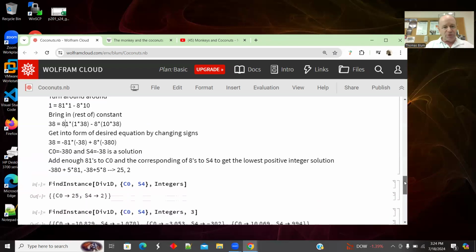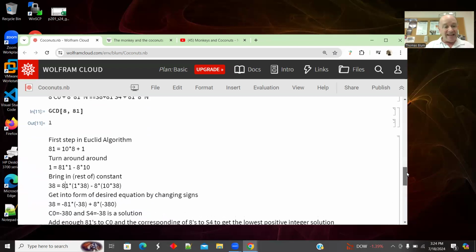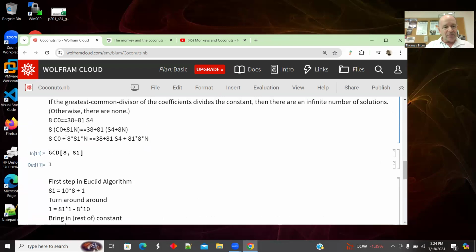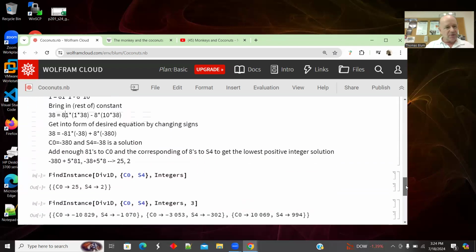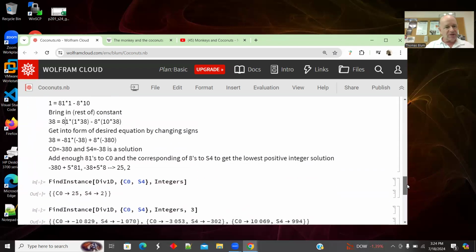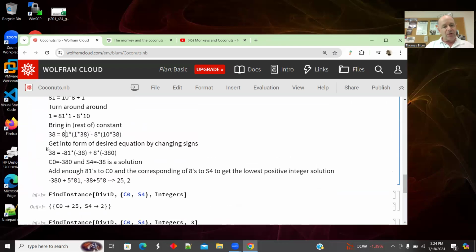And now I'm just rearranging this to get it in the form of my equation. The 8, when I write it down, was positive. I'm going to take the 81 to the other side. So the 81 was a negative. And then 38 was on its own side. Okay. So I keep the 38 by itself.